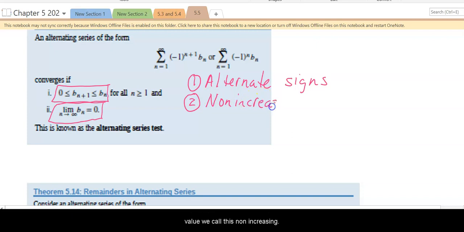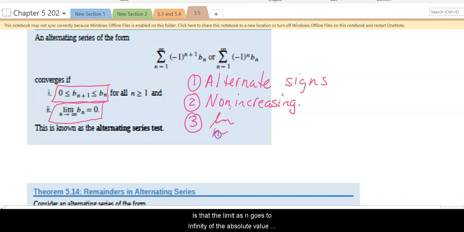We call this non-increasing. We can prove this with a stronger condition of decreasing by using the first derivative test. The third condition in order to apply the alternating series test is that the limit as n goes to infinity of the absolute value of the terms of the sequence must go to 0.